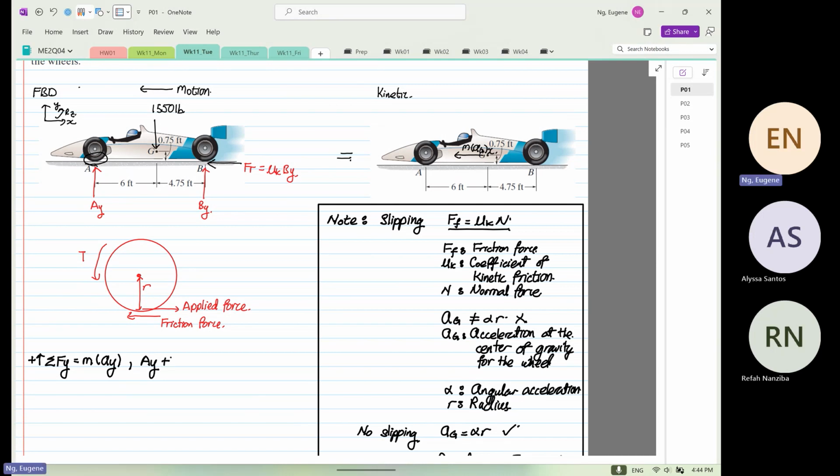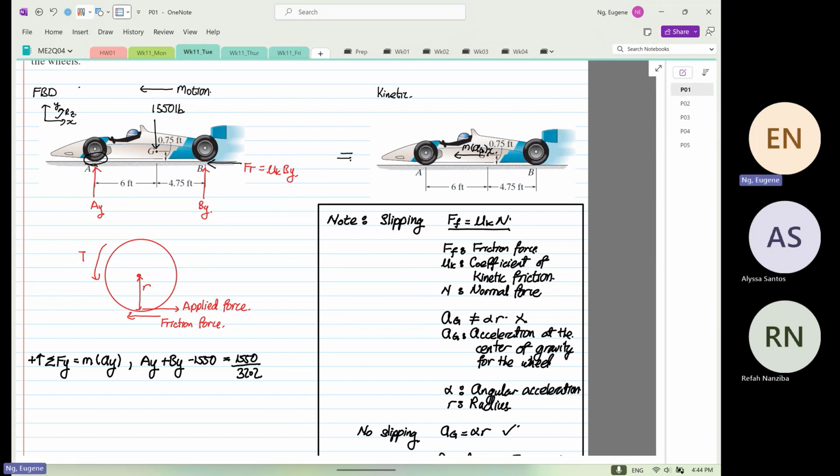So this will be A_y plus B_y minus 1550, and this is equal to the mass of the car. Now m a_y is going towards where? Sorry, a_y. So the mass of the car is 1550 divided by 32.2.